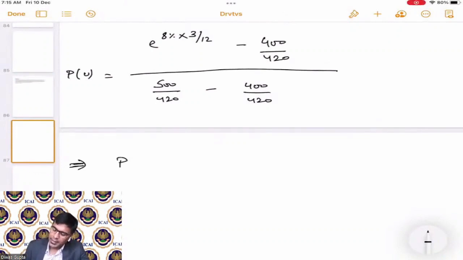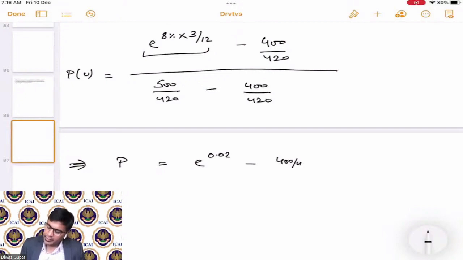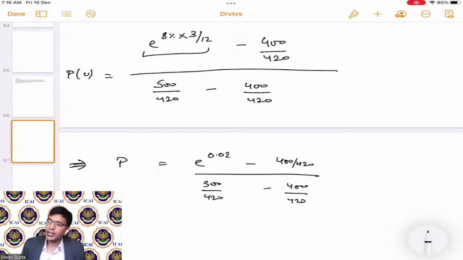So the probability is equal to, if we solve this, we can rewrite this as e raised to the power 0.02 minus 400 by 420, divided by 500 by 420 minus 400 by 420.